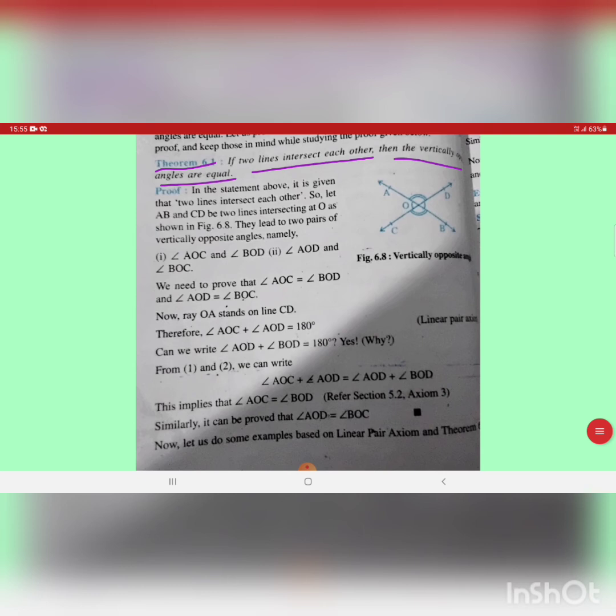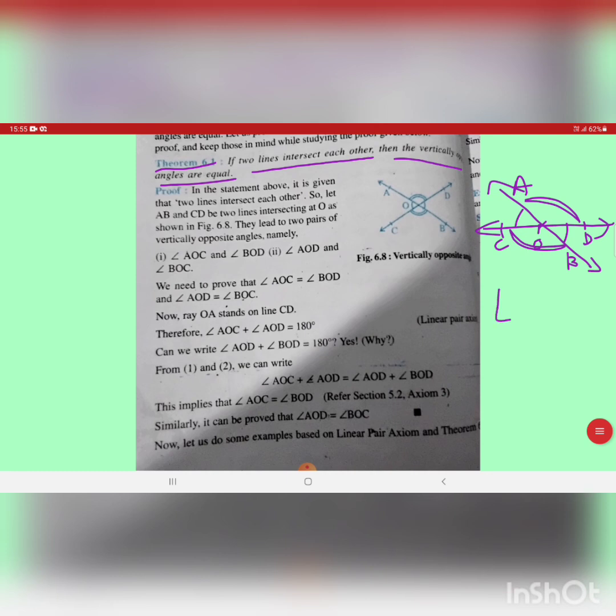We have to prove that, see the figure, lines AOB and COD, which are the vertically opposite angles formed. First pair means these two, then second pair, these two. We have to prove that each pair are of the same measurement.